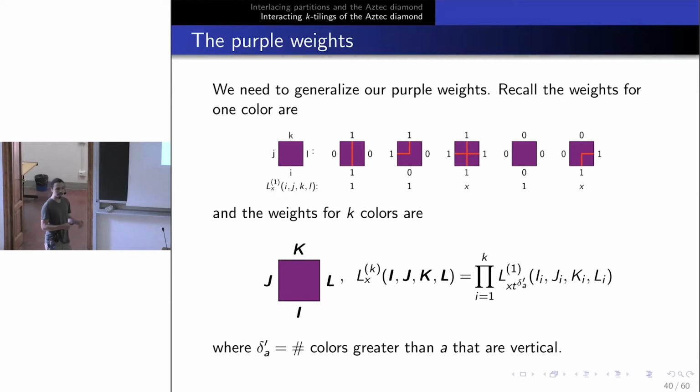Now for our k different colors of paths, you look at each color of path. They're going to have the same weights, except instead of X, you're going to have X times T to some power, where this power depends on the larger colors in the model. So it's sort of a product over each color, except this parameter X changes depending on what else is present at the face.